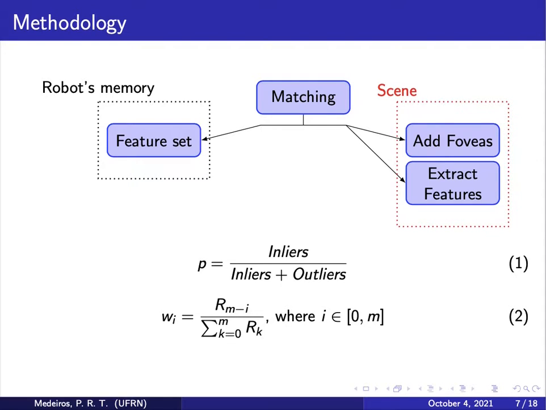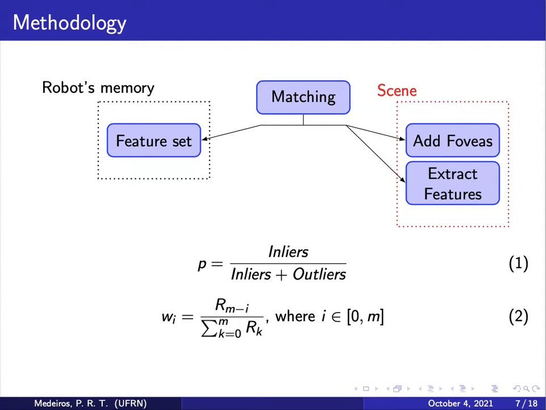The feature is a portion of the image that contains relevant information and it's encoded in a descriptor. During an operation, the robot matches the descriptors of the targets stored in its memory with those acquired by sensors. Matching descriptors results in false matches, the outliers, or true matches, inliers. So, we combine these values into an inliers rate, represented by equation 1.